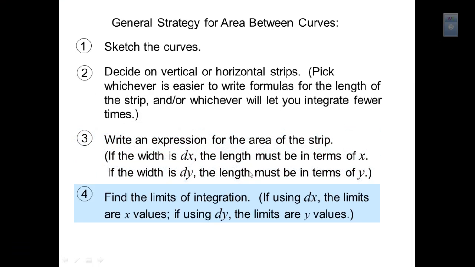All right, and then the fourth thing, find the limits of integration. If using dx, the limits are x values. If using dy, the limits are y values. So way up here when you decide on your vertical or horizontal strips, remember that is defining everything. That's why it's so important for you to do that part first. You want to identify that so that you can identify whether you need to find all this stuff in terms of x or in terms of y.